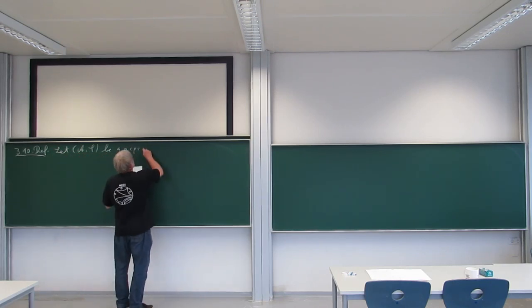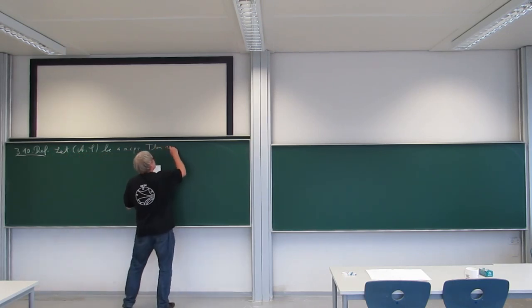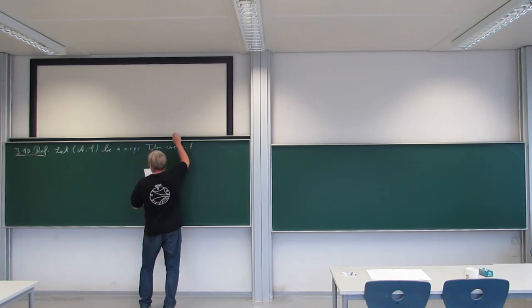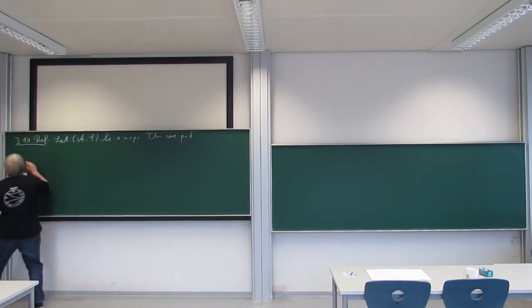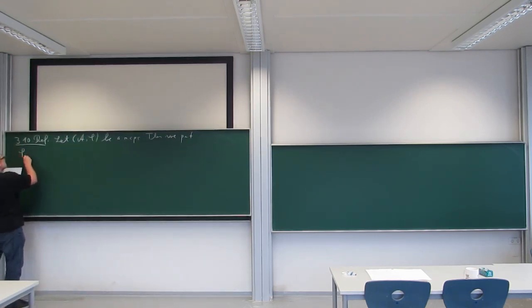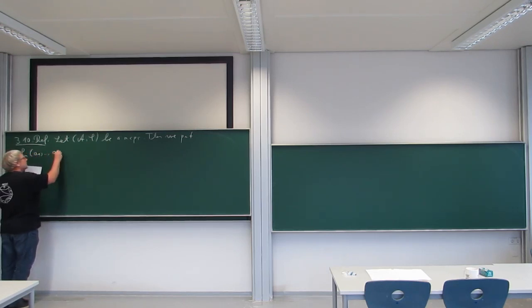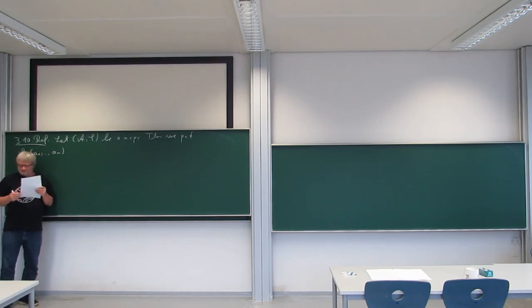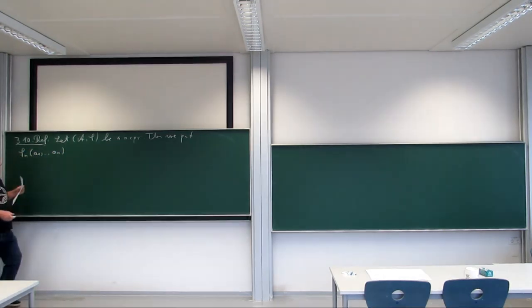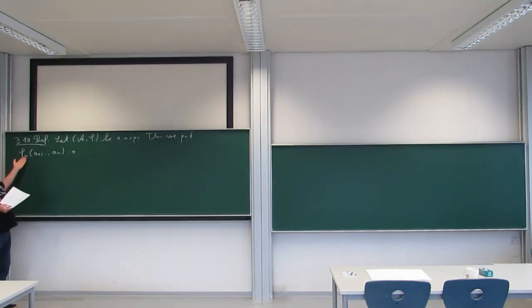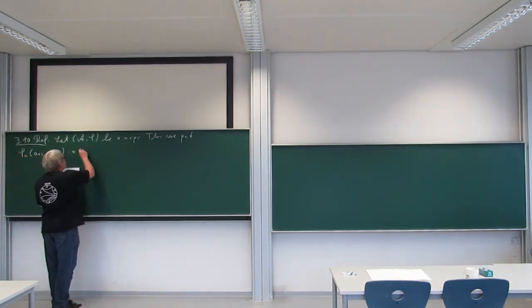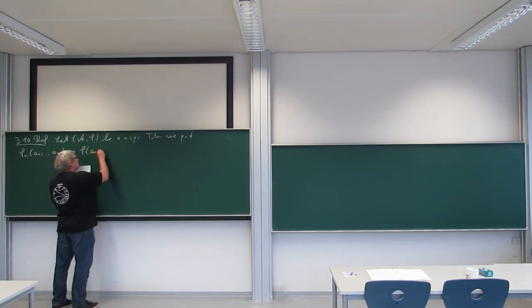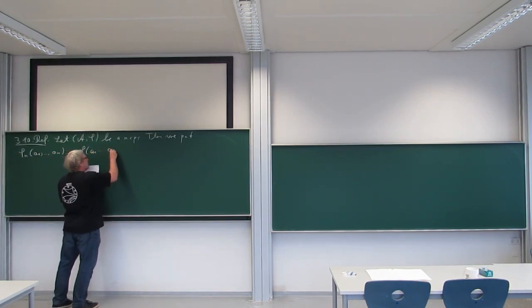Namely, you put phi n of a1, comma, up to an, equal to the moment of those guys, and this is just phi of the product, phi of a1 up to an.